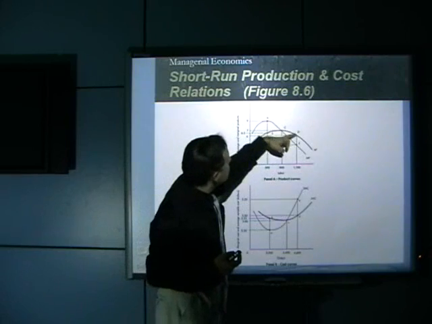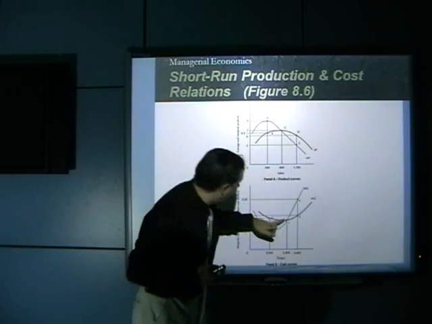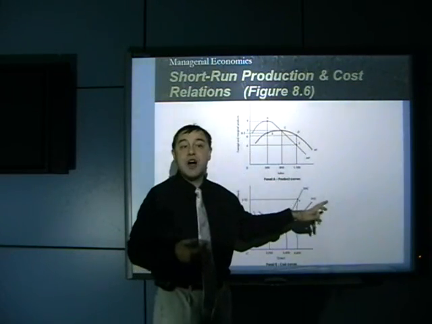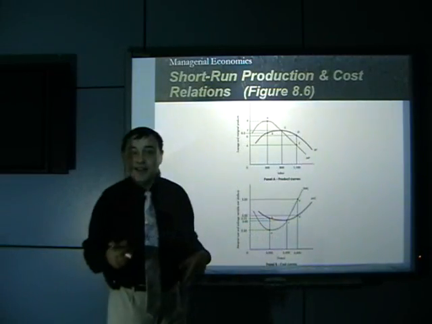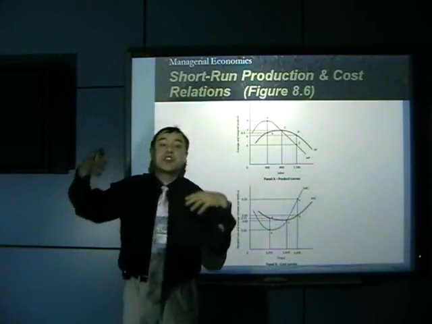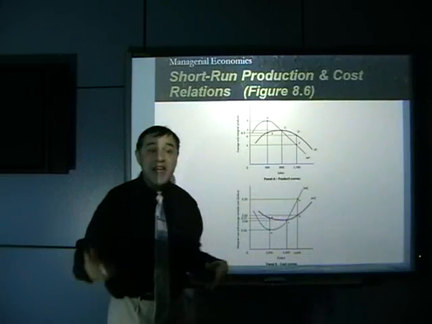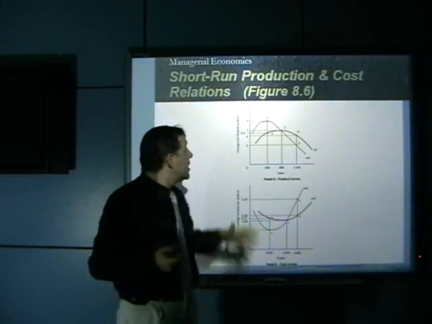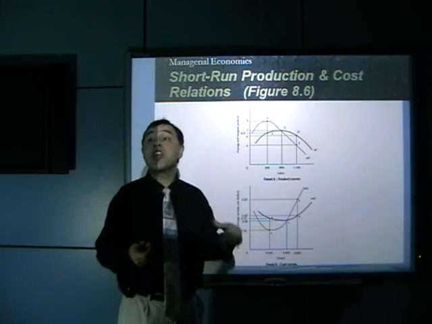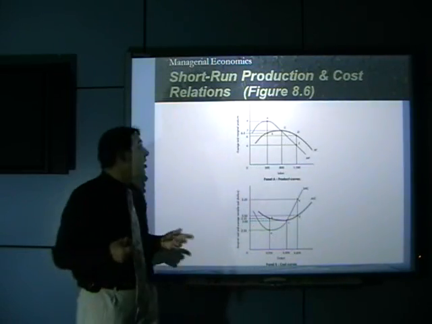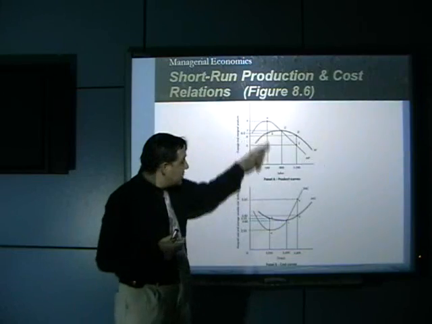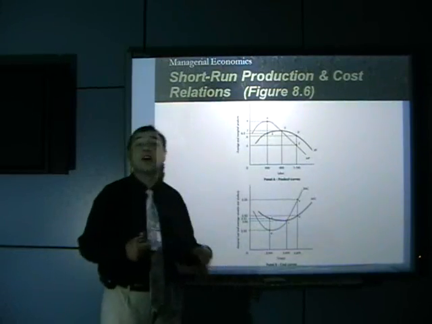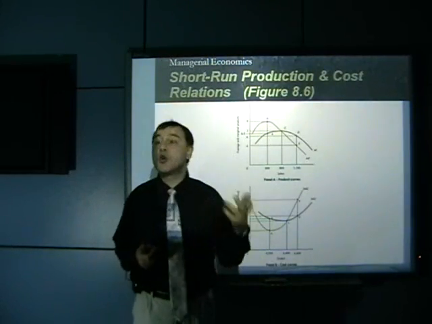When the average product falls, the average cost begins to rise. So they are 2 different ways of looking at the same process, which is the production process. So this is a very important summarizing idea, that these are economically more or less equivalent.